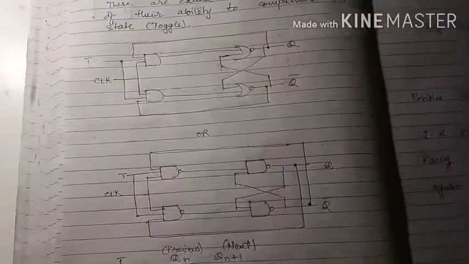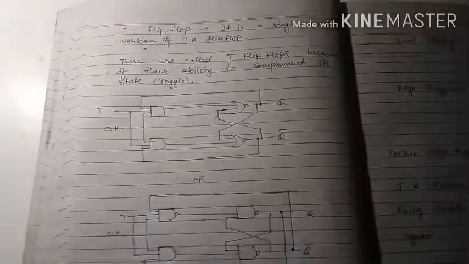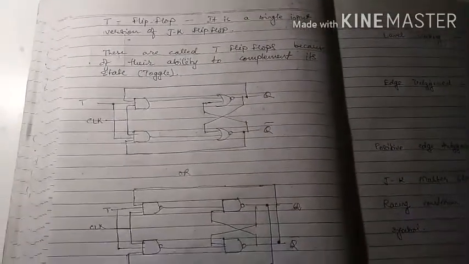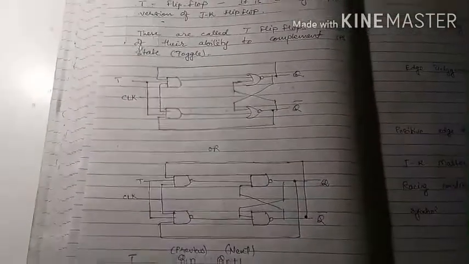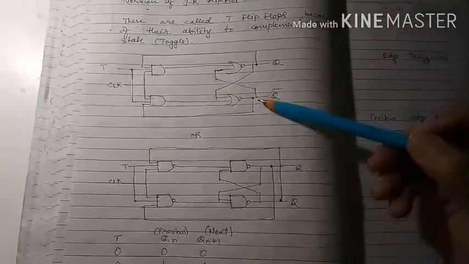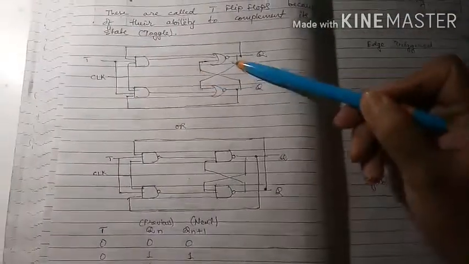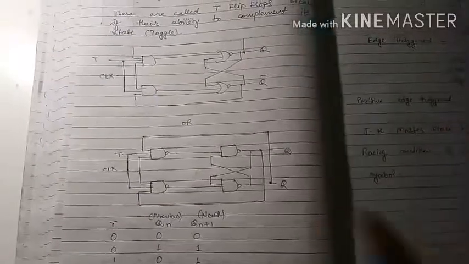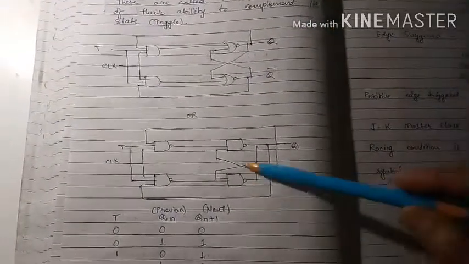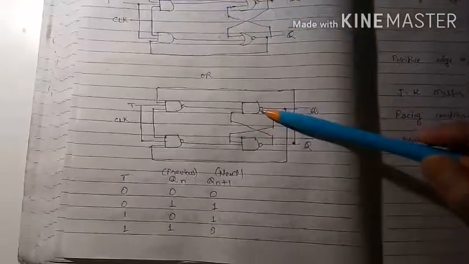There are two circuits we have shown for toggle flip-flop, T flip-flop. One is with the NOR latch, another is with the NAND latch. This one is with the NOR latch, and this second one is with the NAND latch.